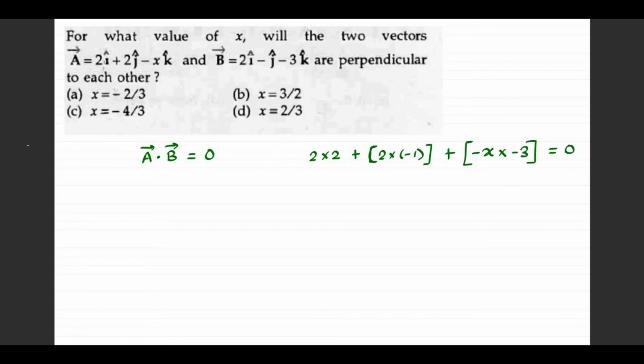And this should turn out to be 0. It should be minus 2 by 3 then. It should be option A. Fine.